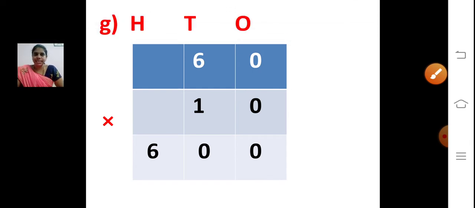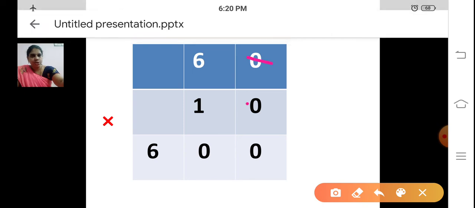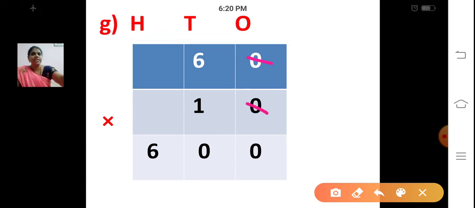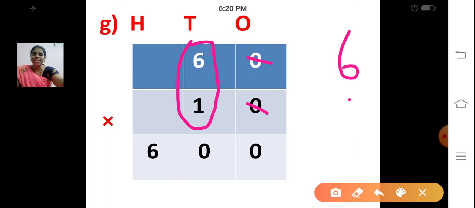Now the next sum, we are going to multiply 60 into 10. Just here we have how many zeros? So 1 zero, 2 zeros, that we will write at the last. Now the remaining numbers shall be multiplied. So here we have only 2 numbers to multiply, right? So now we are going to multiply 6 and 1.